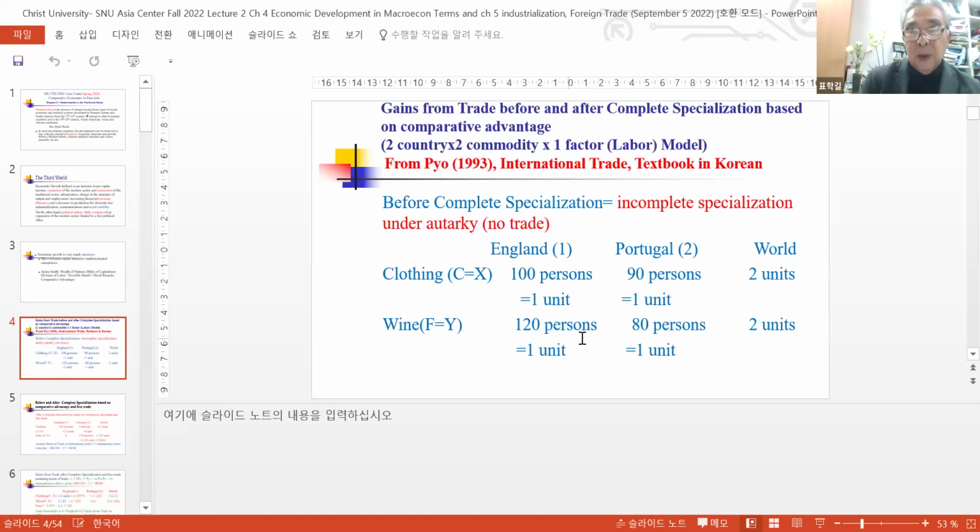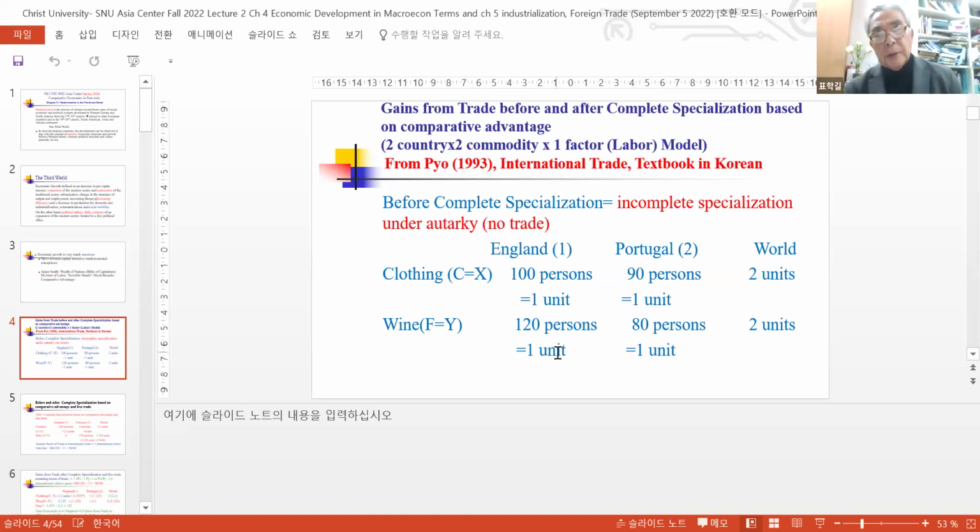You can see 120 persons required for England to produce 1 unit of wine. Portugal, 80 persons to produce 1 unit of wine. So even in wine production, Portugal's per person labor productivity is higher than England's.